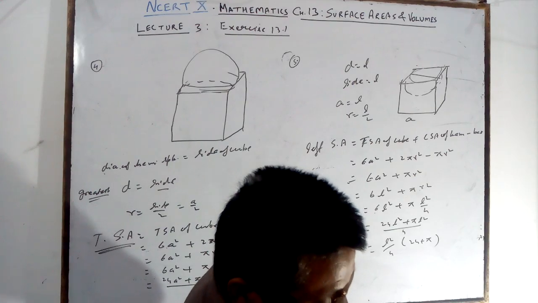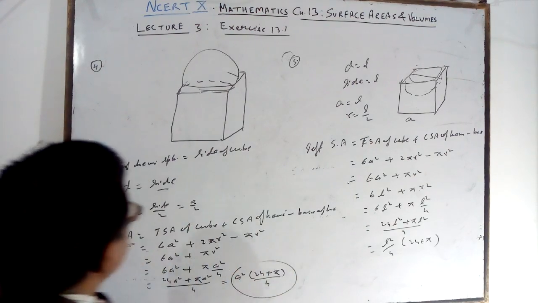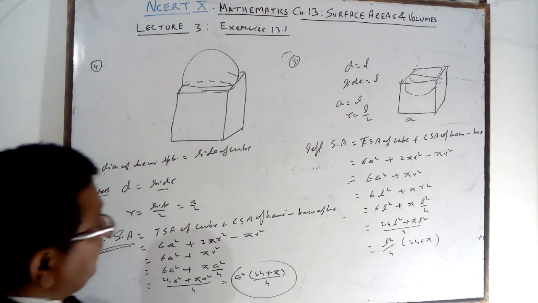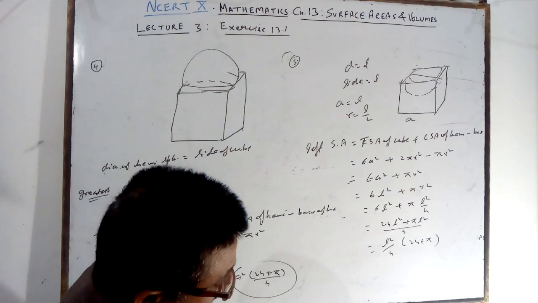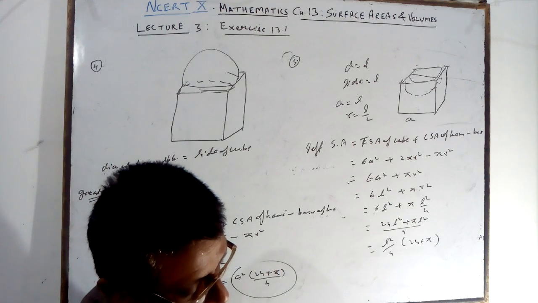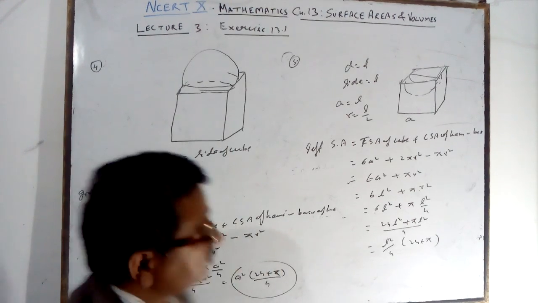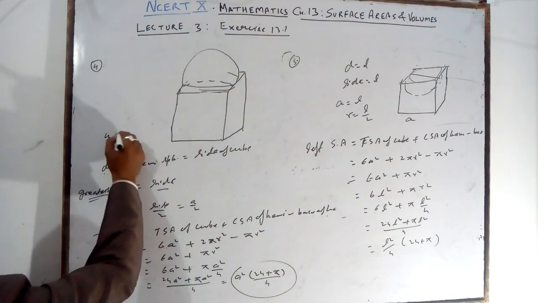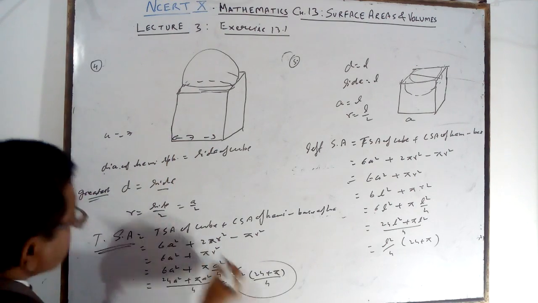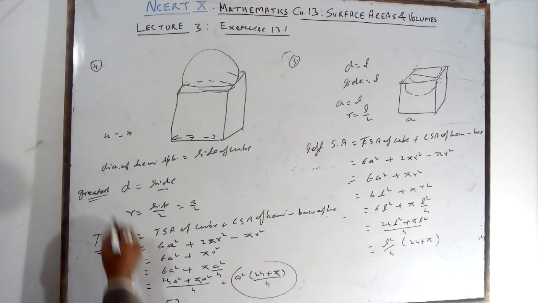In question number 4, the side is given: 7 centimeter. A is given 7, so you put the 7 and you get the result.